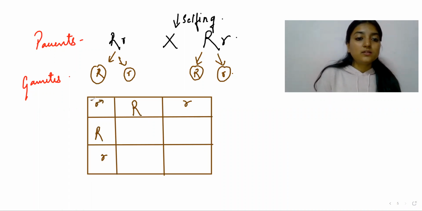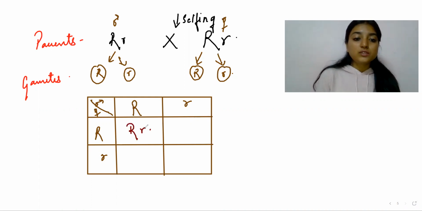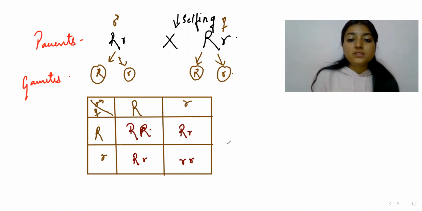Let us take this as a male and a female. You can write it over here also. Now the offspring which is produced is capital R, capital R, capital R, small r, capital R, small r, and small r, small r. Fine. So this is the F2 generation.